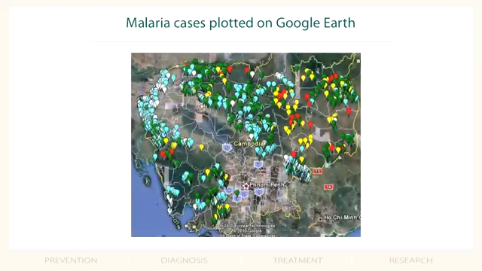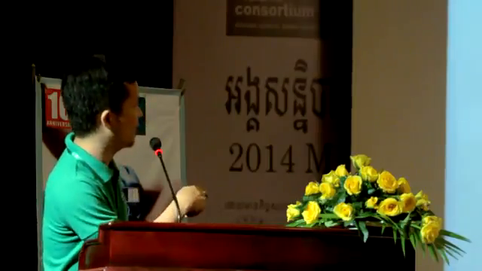Also from the system, users can plot the malaria cases in Google Earth. And this is one page of the bulletin, but the bulletin has many pages. I just show you the front one that we create from the MIS.